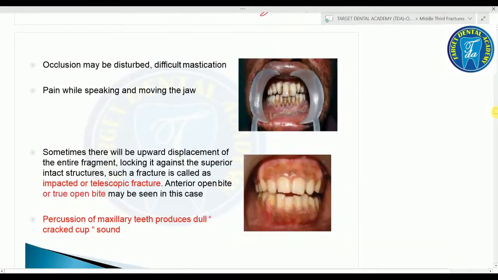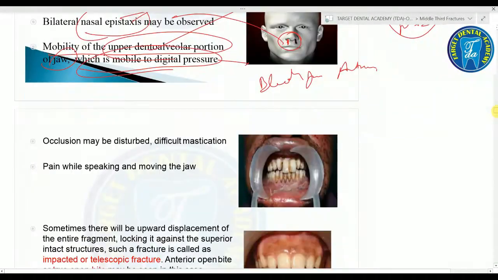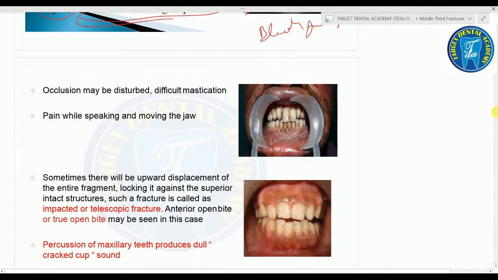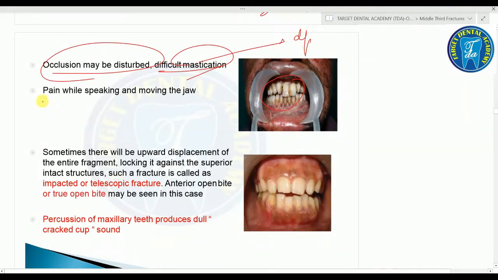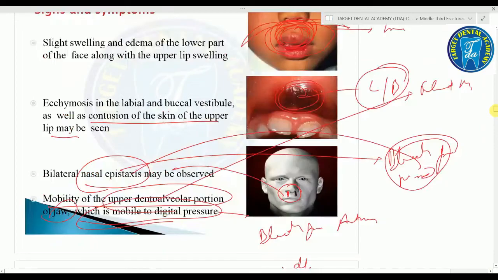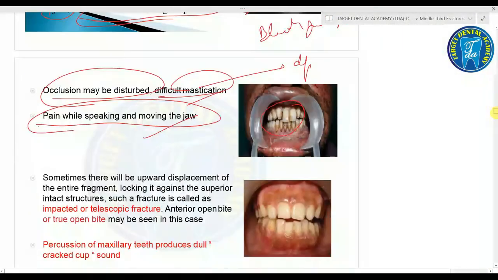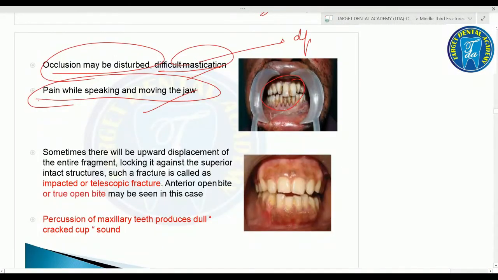Due to the mobility of the upper dentoalveolar portion, there will be disturbed occlusion, and therefore difficulty in mastication. You can also notice pain while speaking or moving the jaw because of the mobility of the dentoalveolar portion.